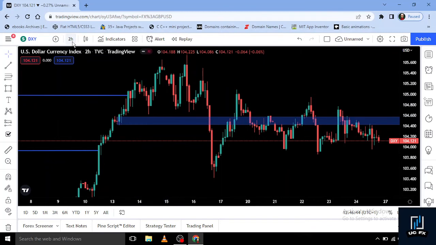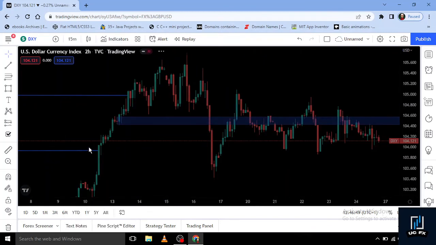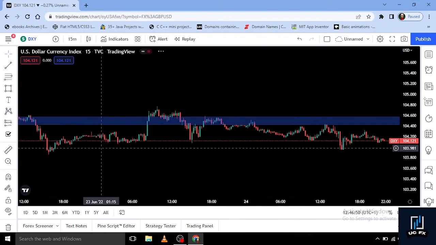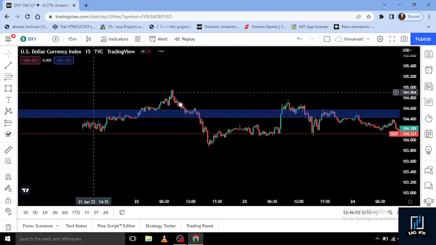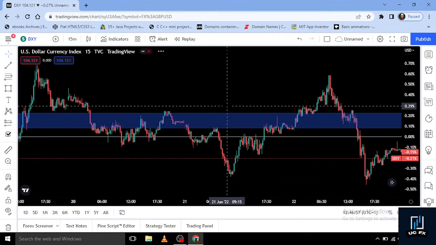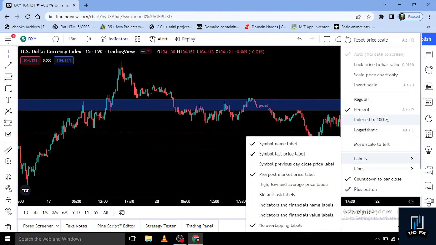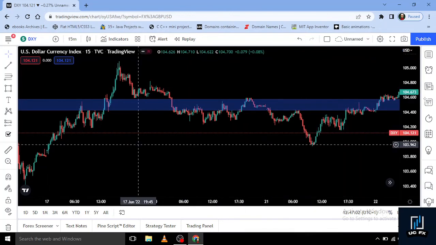So I had to go down to the lower time frame as well to confirm if that order block would as well hold. So I went down to the 15-minute time frame.